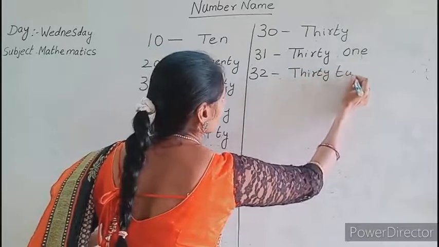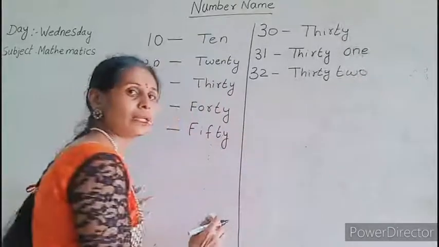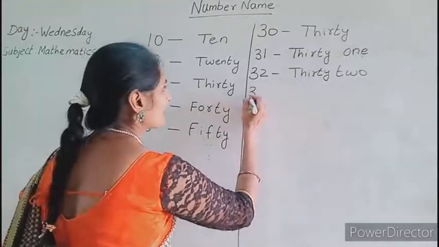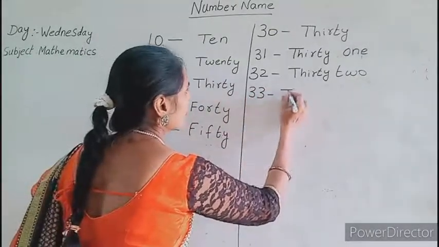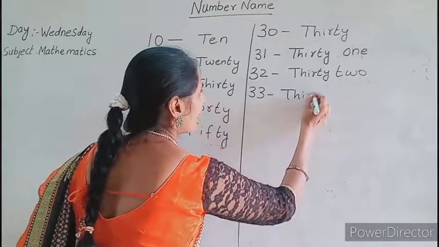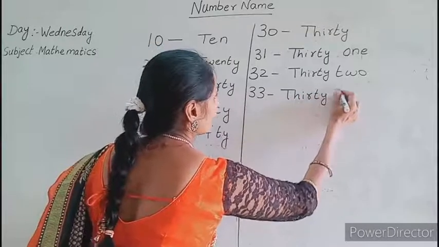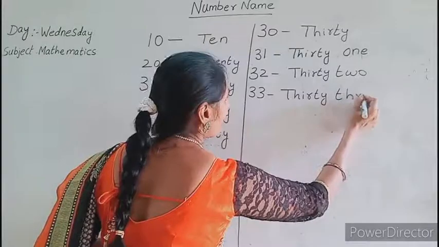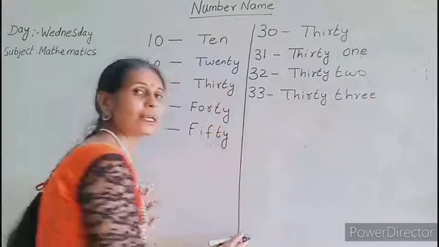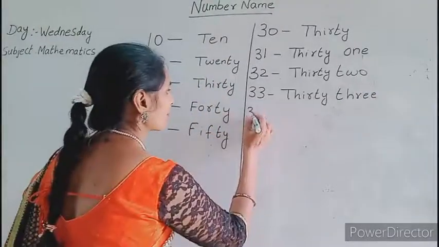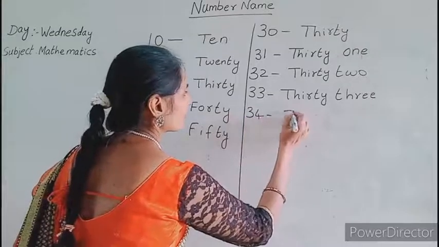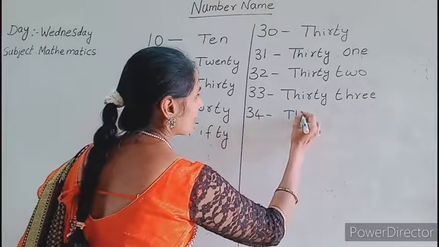T-H-I-R-T-Y, 30. T-W-O, 32. Then T-H-I-R-T-Y, 30. T-H-R-E-E, 33. Then 34.